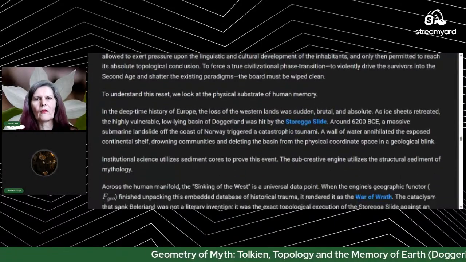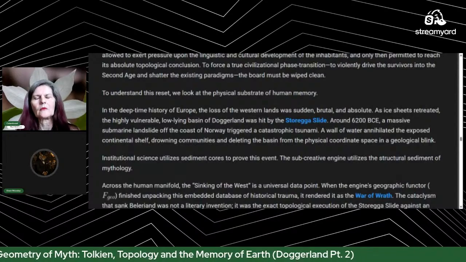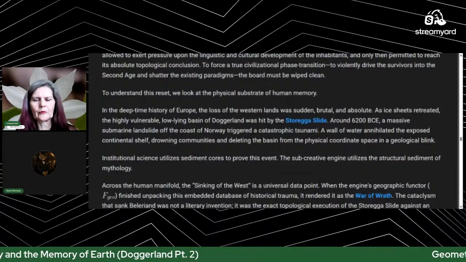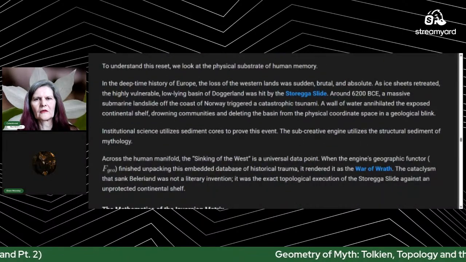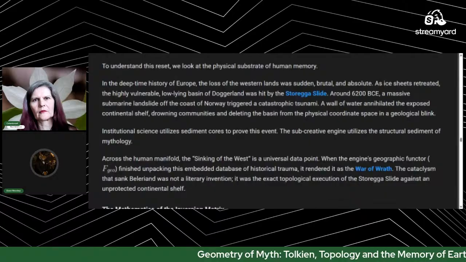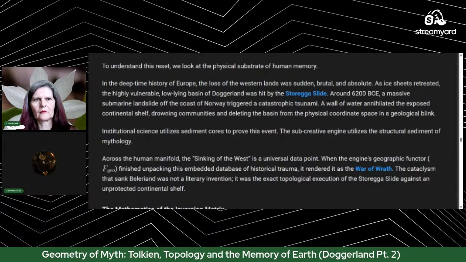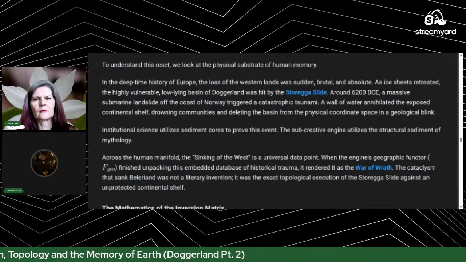To understand that, and this is referring to the sinking of Beleriand in the mythos, we must look at the physical substrate of human memory. In the deep time history of Europe, the loss of the western lands was sudden, brutal, and absolute. As the ice sheets retreated, the highly vulnerable low-lying basin of Doggerland was hit by the Storegga slide.